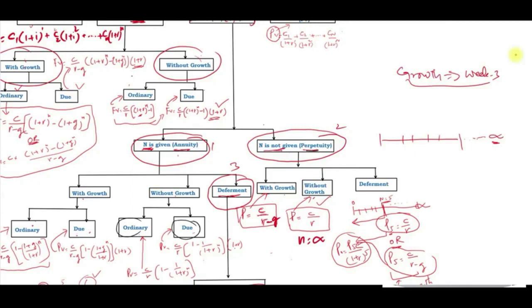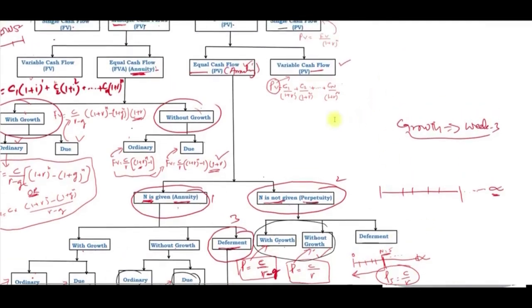With growth and without growth we will discuss later, and then we discussed deferred. Similarly with perpetuity, we discussed ordinary; with growth and without growth will be discussed later, but we discussed deferred. This is the timeline you will understand fully in week 3, but for now, please remember that these are the topics we just discussed.